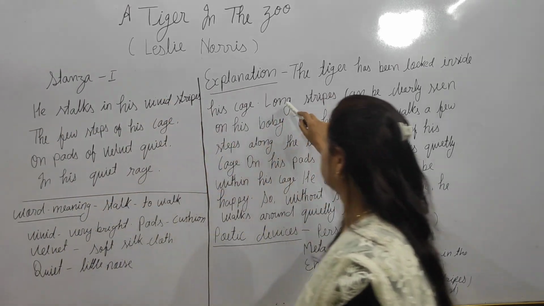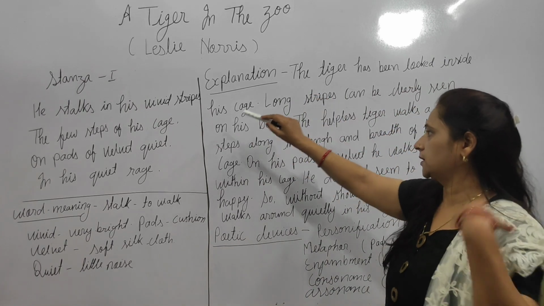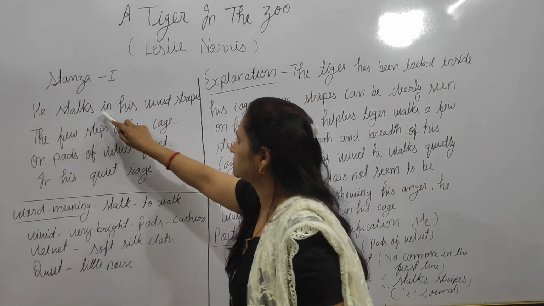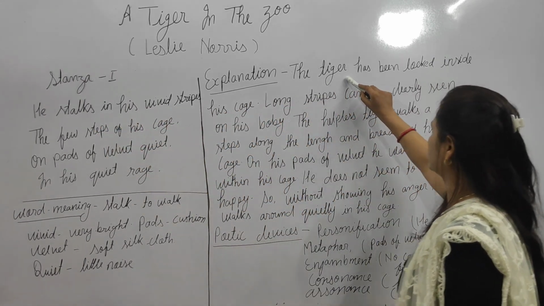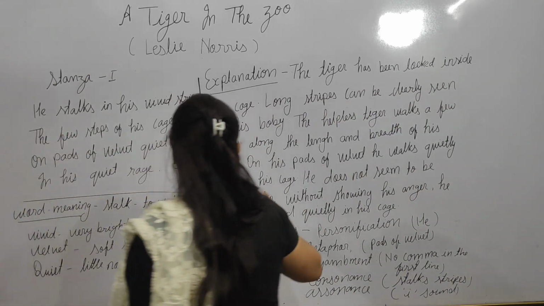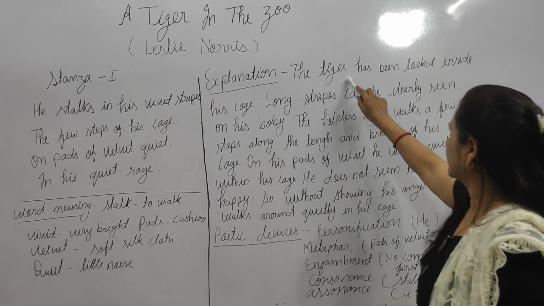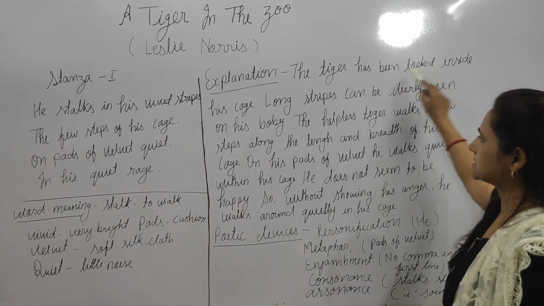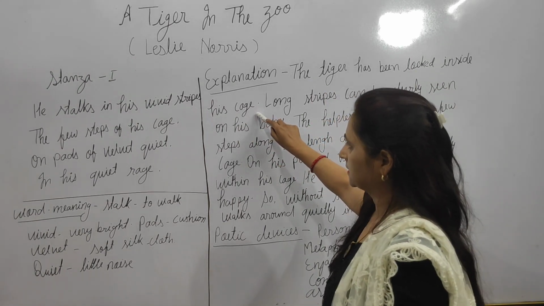Now I will explain this stanza. As you can see, the first line, he stalks in his vivid stripes. The tiger has been locked inside his cage.